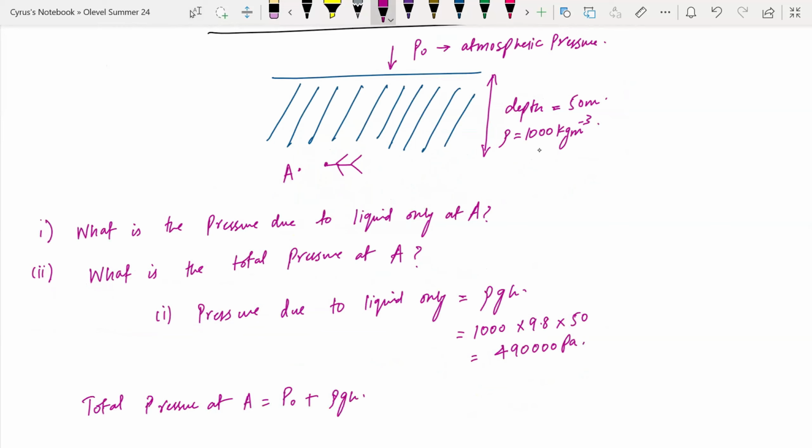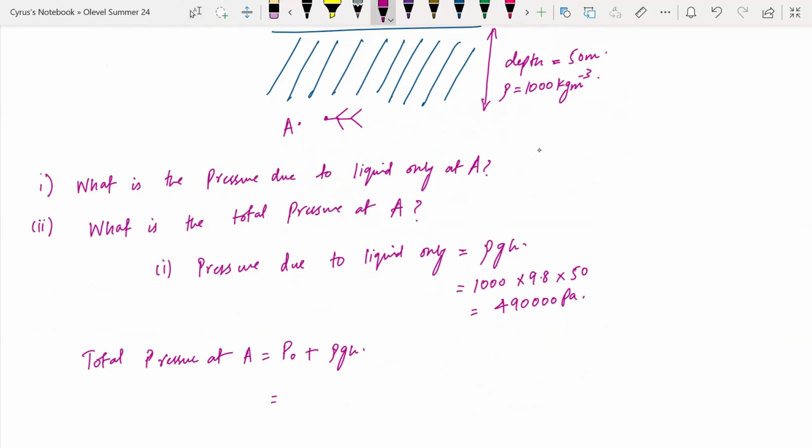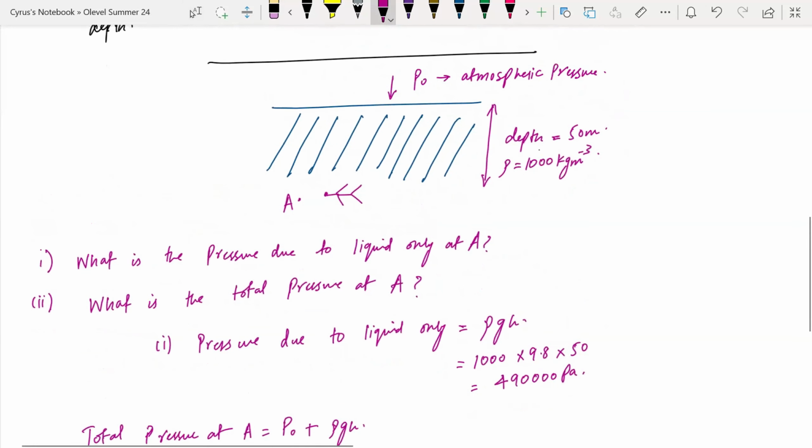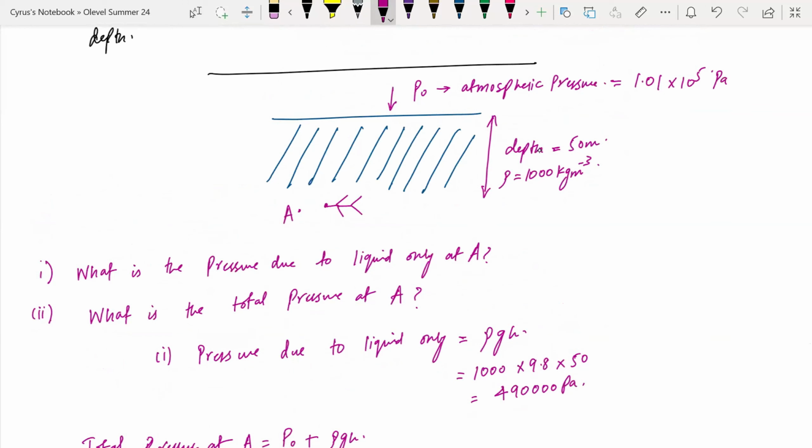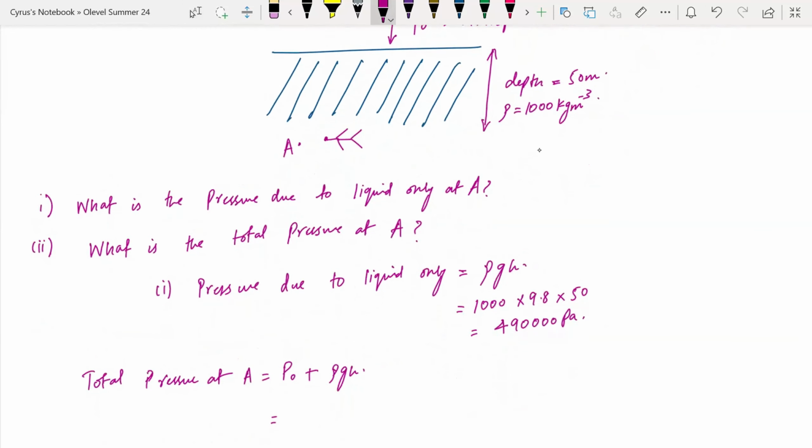देखिए एटमॉस्फेरिक प्रेशर को आपने नहीं भूलना, आपने लाजमी इसको ऐड करना है, राइट? So this is going to be P naught, the atmospheric pressure, which is 1.01 into 10 raised to power 5 Pascal, plus rho is 1000, g is 9.8 into 50.